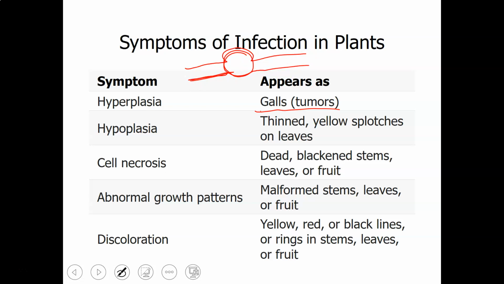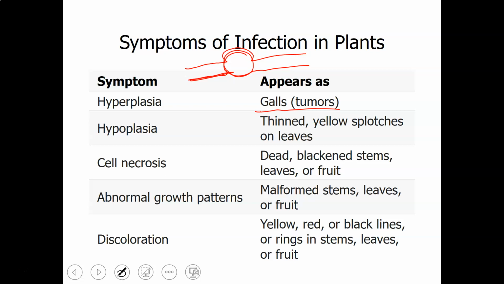Almost looks like it's part of the branch, but it's just a bigger rounded part. That's called a gall. And hypoplasia, meaning lower, means that growth is affected in the opposite way.